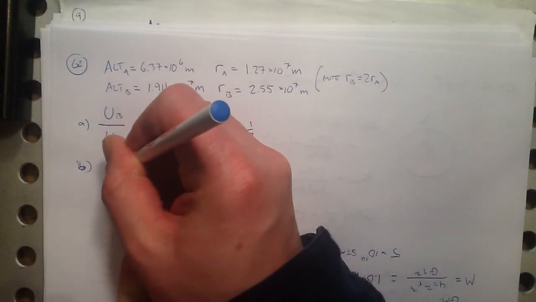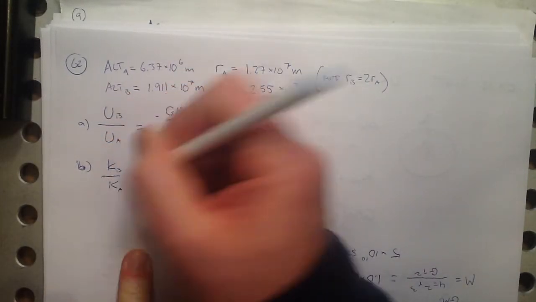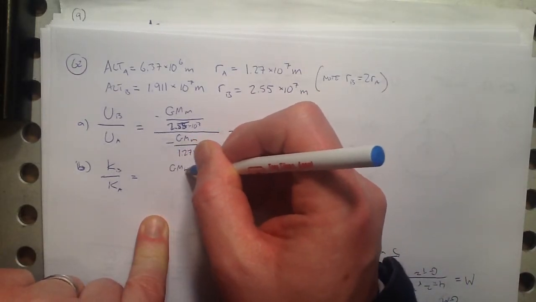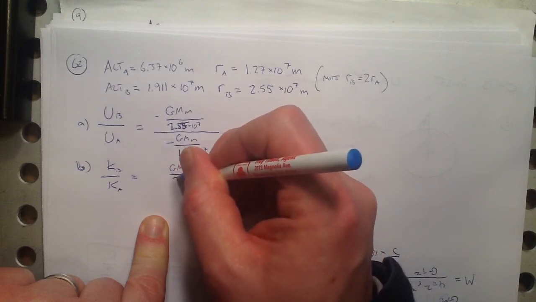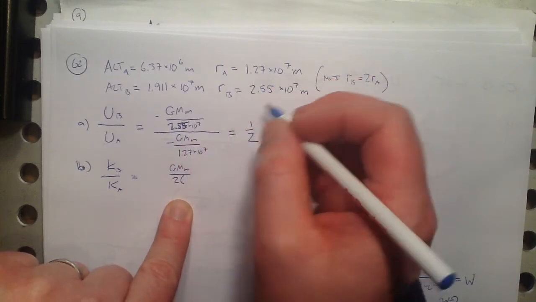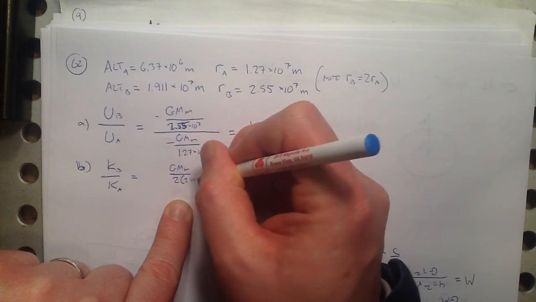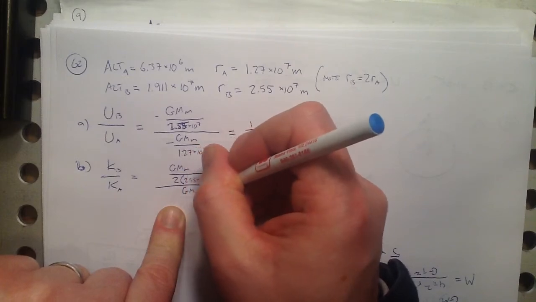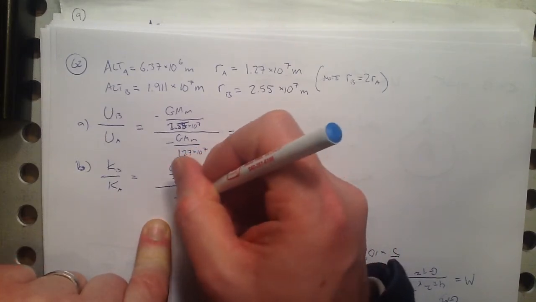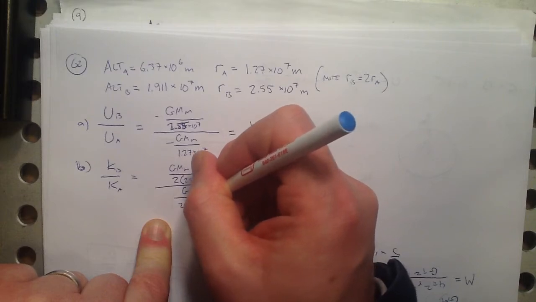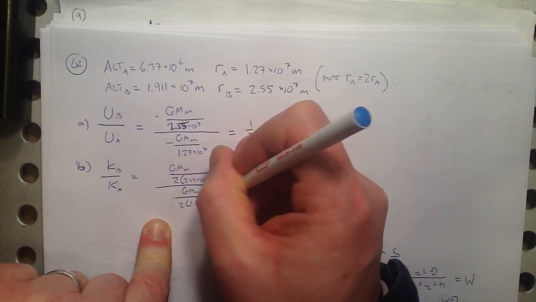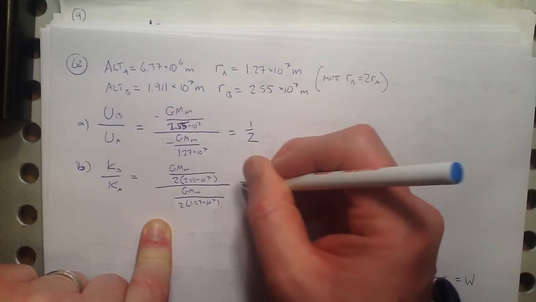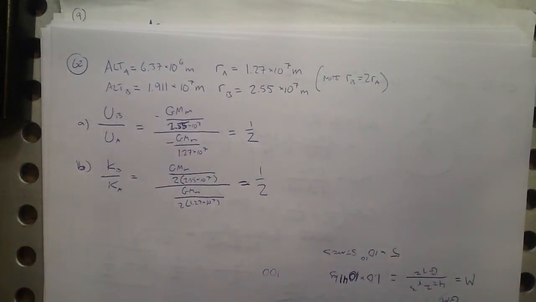So kinetic energy of B to kinetic energy of A. So the kinetic energies, we have GMm over 2R, and this is B on top, 2.55 times 10 to the 7th, over GMm over 2R, and everything cancels out except for these same two numbers again, dividing by a fraction, same as multiplying by the reciprocal, so that's also 1/2.